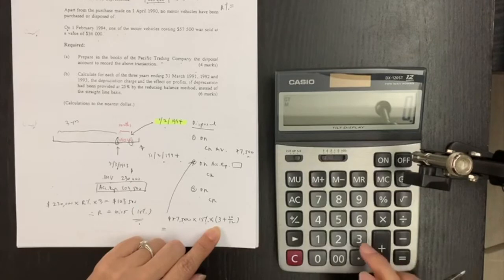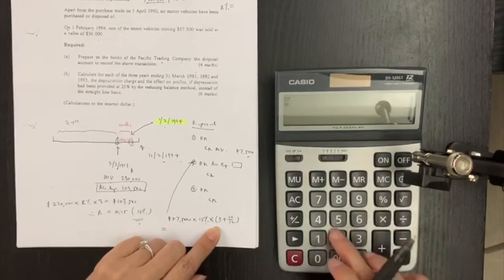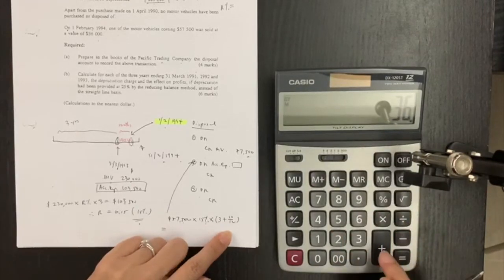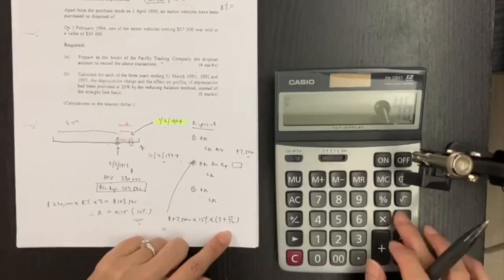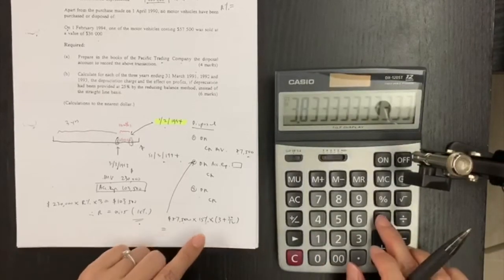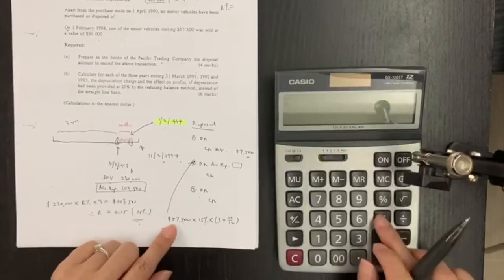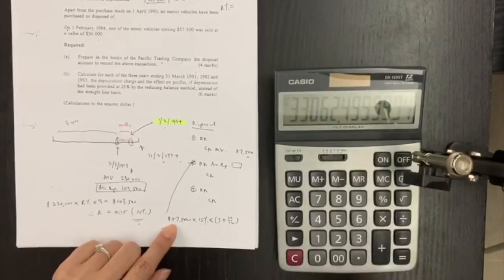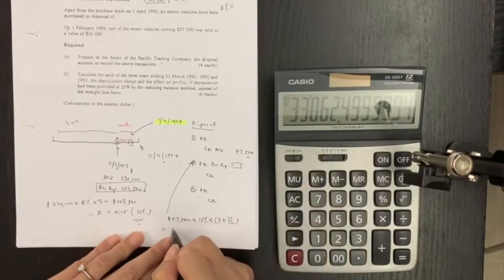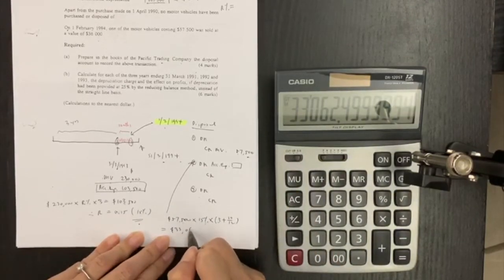That will be 3 years times 12, so 36 months plus 10, divided by 12, and then times the rate times the costs. Just round off to the nearest dollar. That would be 33,063.